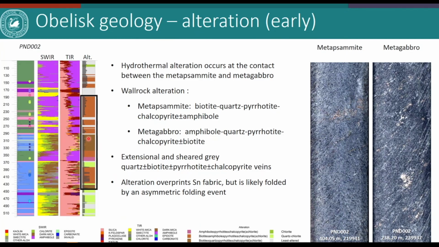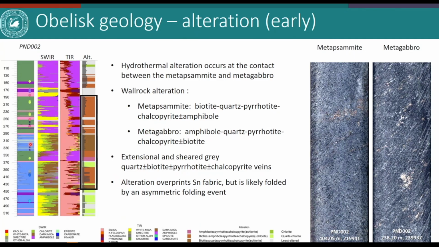The earliest alteration phase is a higher temperature, and that's really defined by the presence of biotite-quartz alteration with sulfides in the metasamite and metagabbro. This is a photograph of the metasamite, and that's a photograph of the gabbro, and you can see the disseminated pyrite and pyrrhotite in these rocks.